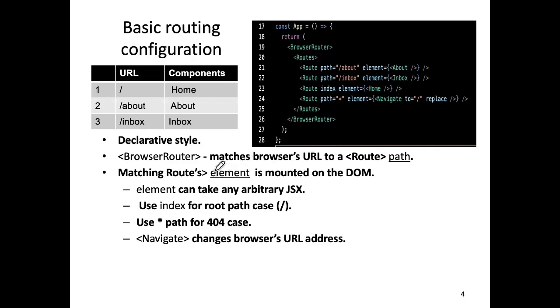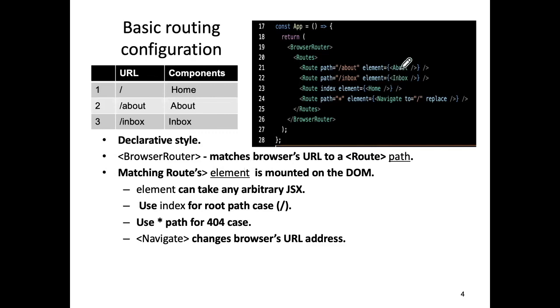The route entries are components and they have props, if you like, and element is a prop, as well as path. And I've already told you that whatever JSX is assigned to element, that JSX is mounted onto the DOM. And in fact, it can be any JSX. It doesn't have to be just a component.